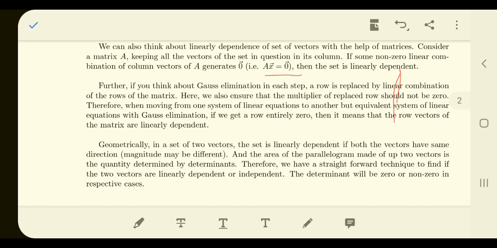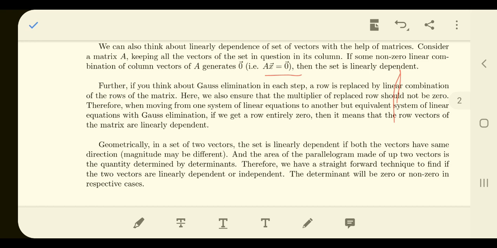So what you understood is that the previous rows are able to generate the current row. In other words, this current row can be expressed as a linear combination of the previous rows.